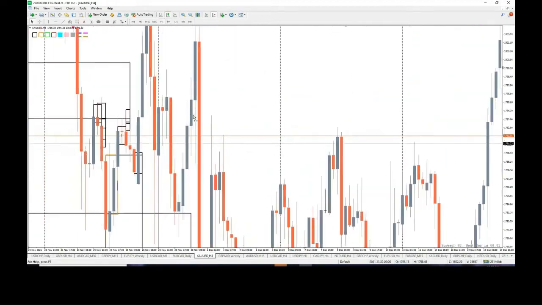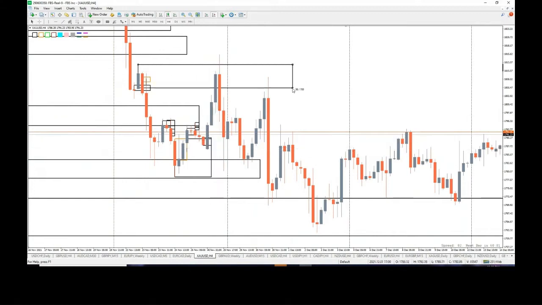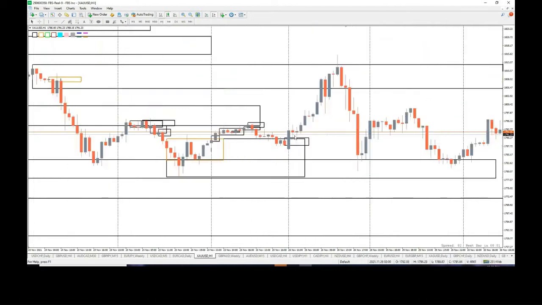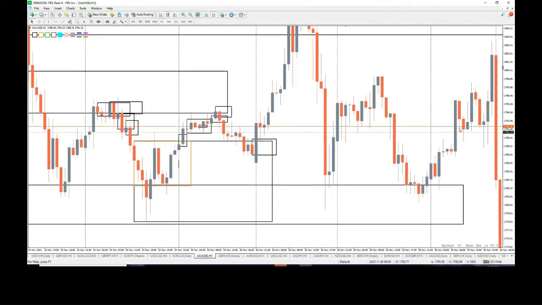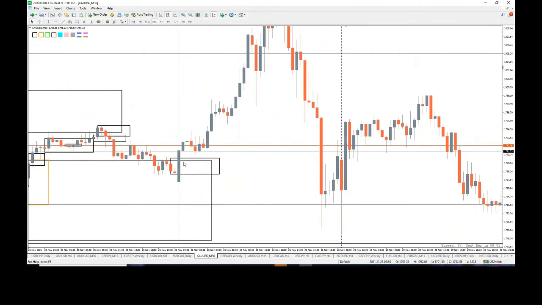Yeah. So this is the H4 setup. Next TP is here, right? Right. Nice. Agree? Yeah. So along the way to go up here, what do we do? We look just for buy. Nice. If you go to a lower time frame, you can find so many opportunities.